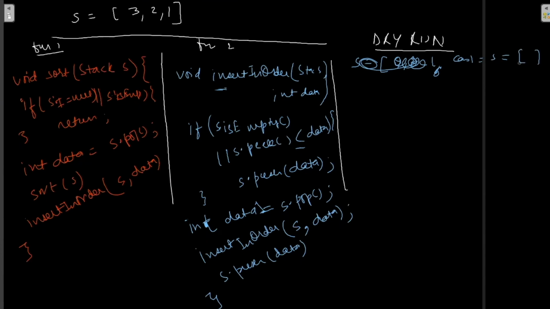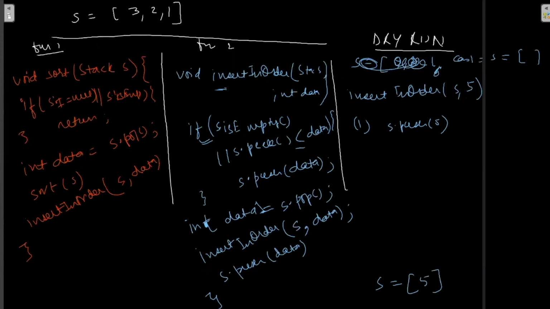Okay. So in this case, when I call insert in order and I pass s and I pass 5, what will happen when the call happens? It will hit this if, right? Because the stack is empty. So it will end up doing s dot push 5, and the stack would have become 5, right?